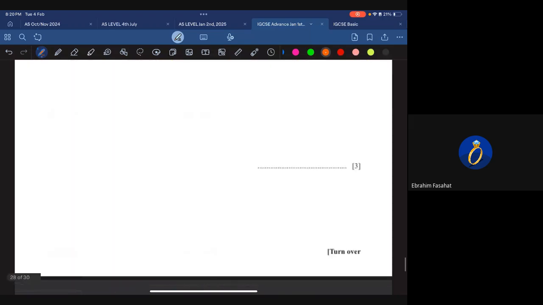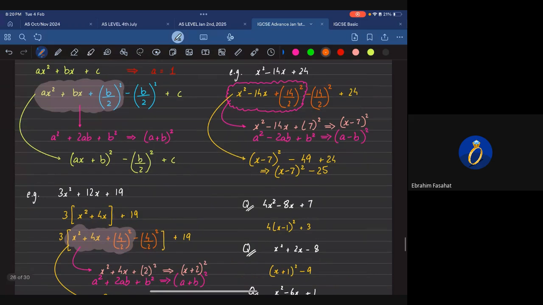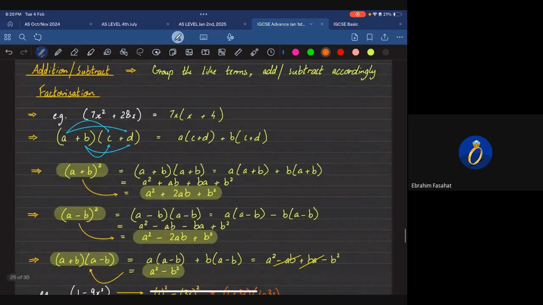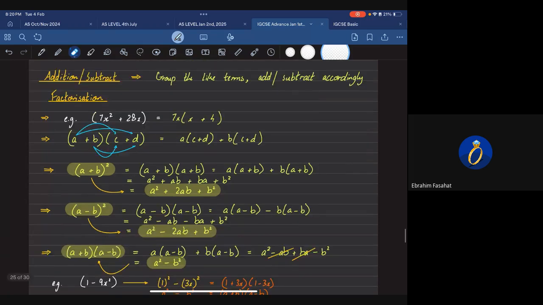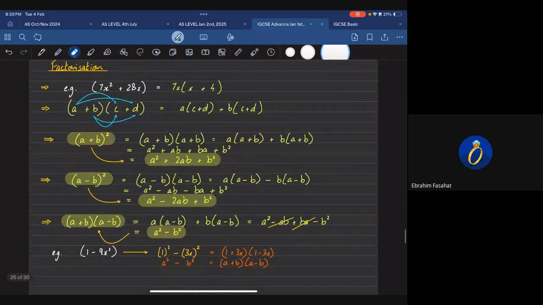Now, throwing a bit of flashback, let's go back up to where we actually did factorization over here. We saw, using different forms of your equation and stuff of that sort, how we can factorize it. Let's take an example.